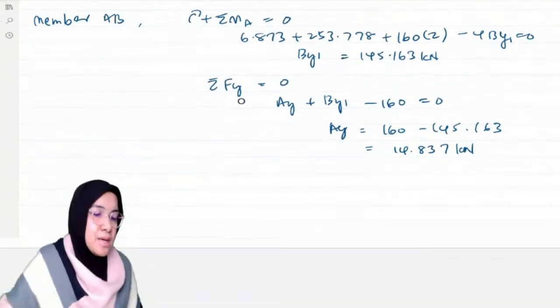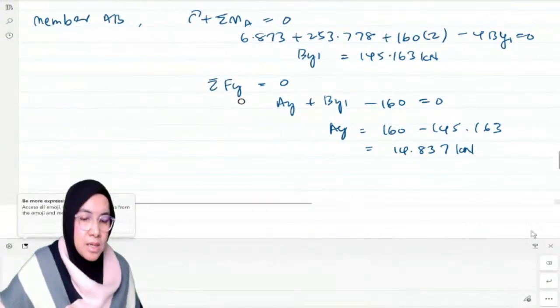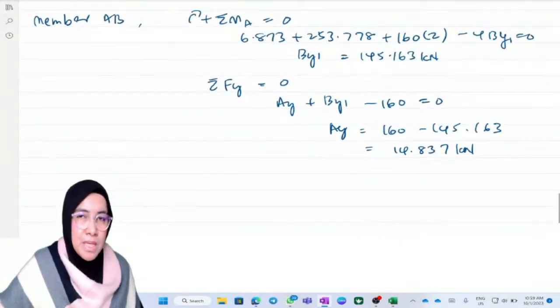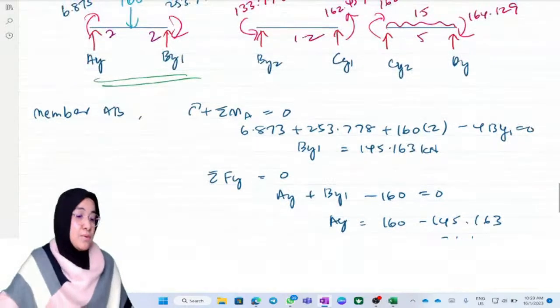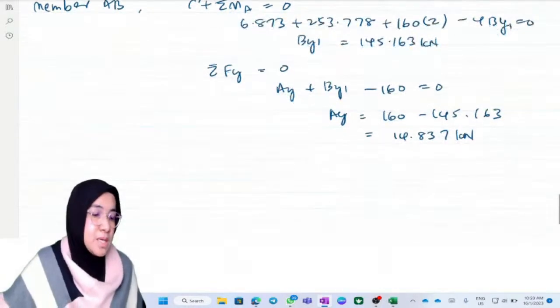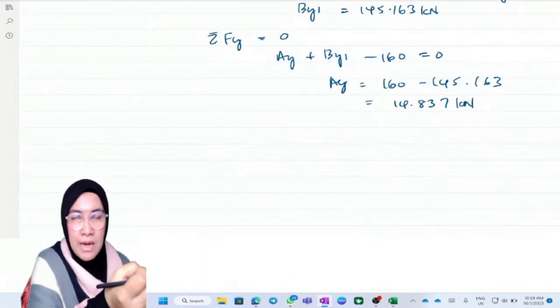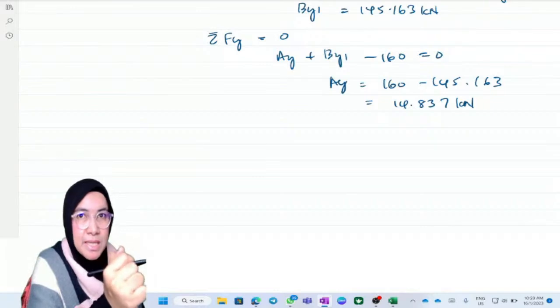So we get the vertical reactions for member AB, the shear values. Then we will continue to calculate for member BC and member CD.